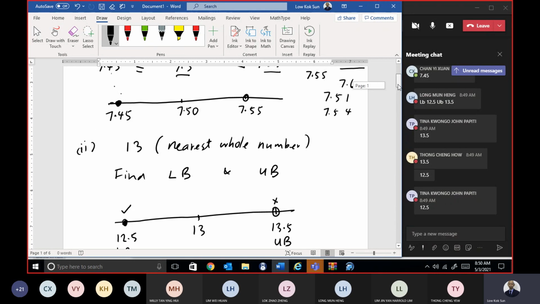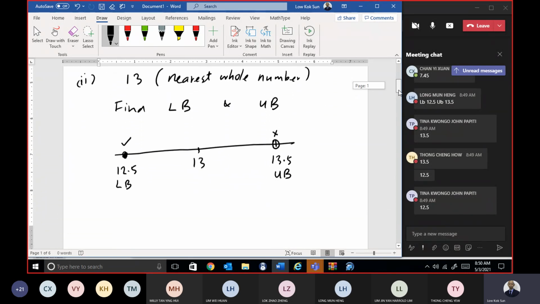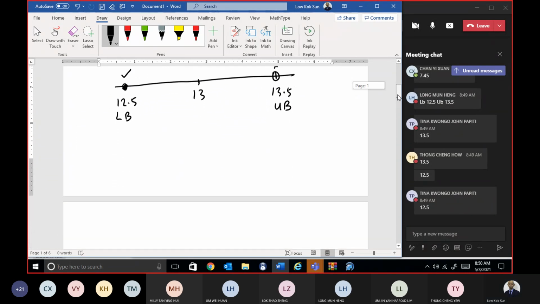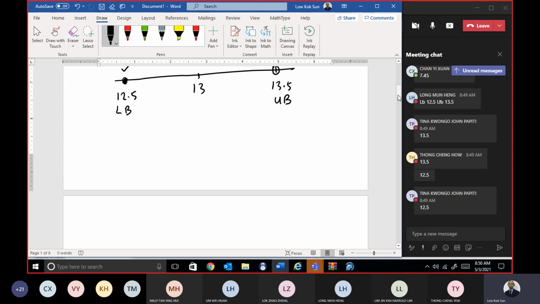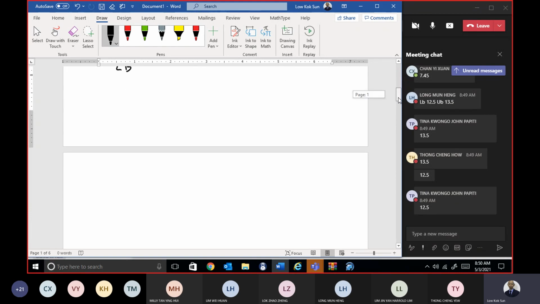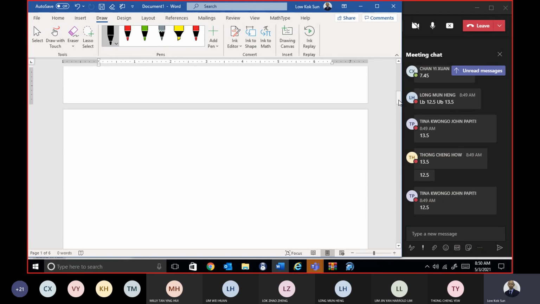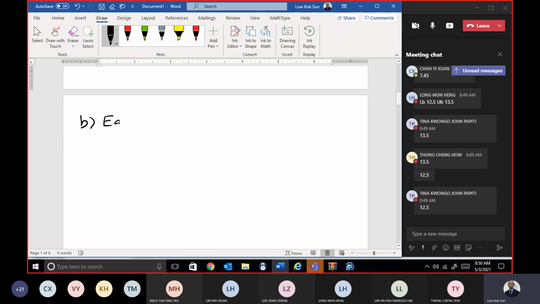Now I just want to give you one more example on combination operations using the upper bound and lower bound, by giving one example on calculation.